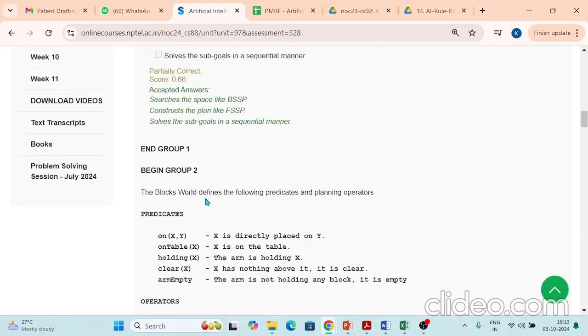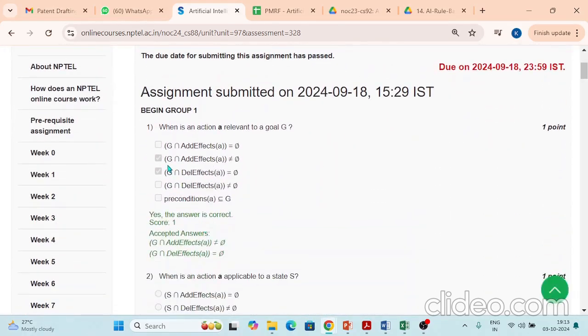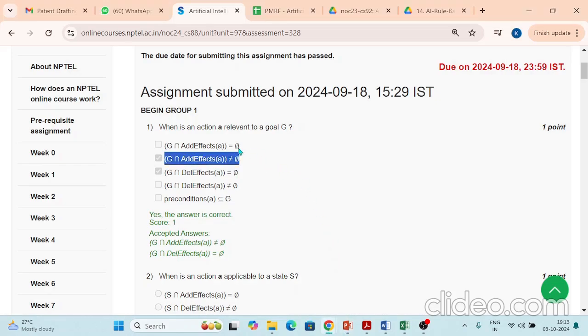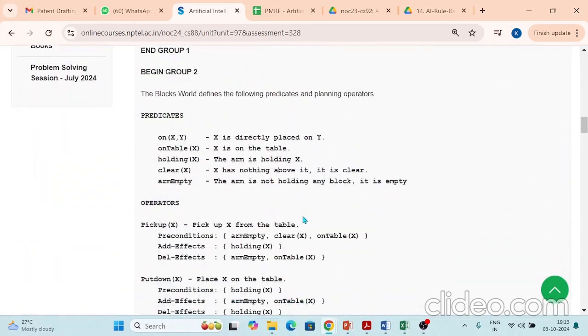The intersection of the positive effects of A and G is not equal to the empty set. That's why that action is applicable. And the delete effects intersection is empty. What are the delete effects? Clear B. We are not having anything on clear B in the goal, so that's why it is equal to the empty set. So we need to follow these conditions whenever we are checking whether an action is relevant or not.